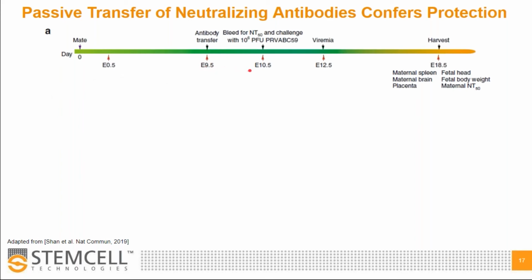They then bled the pregnant mothers 1 day later to assess their neutralizing antibody titers and then challenged them on the same day with wild-type Zika virus. They assessed viremia 2 days later, and then on E18.5, they again harvested the maternal and fetal organs.